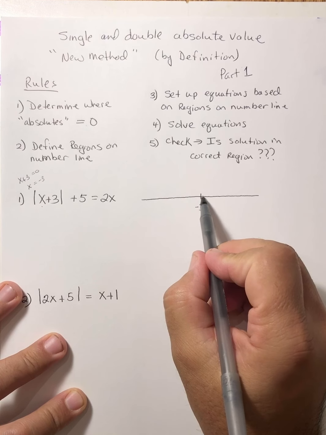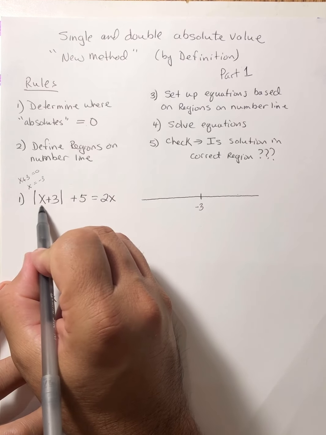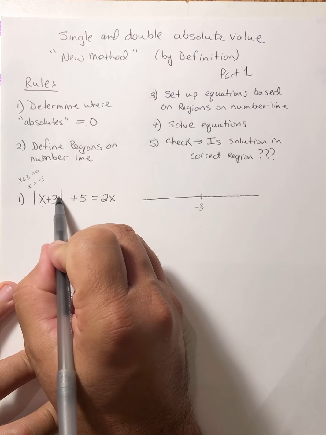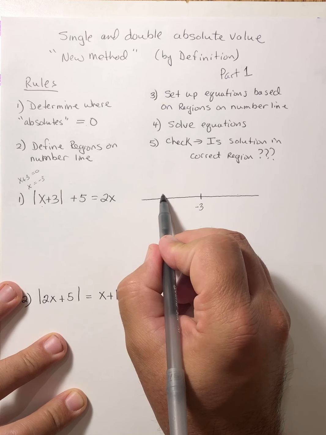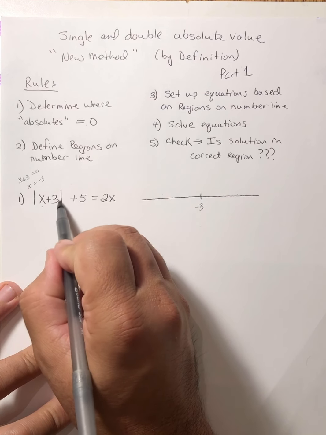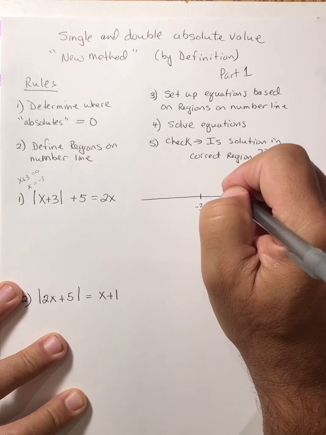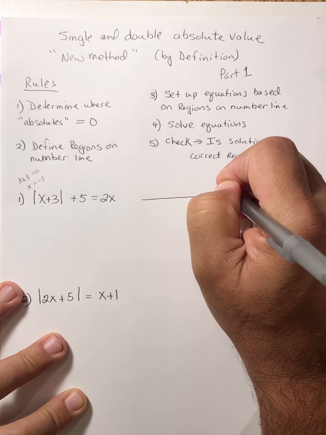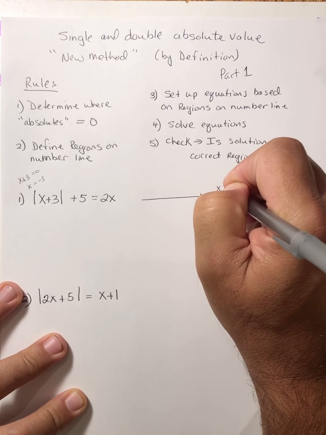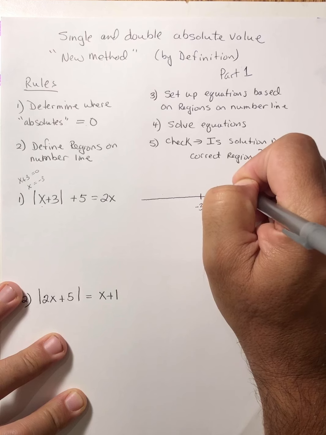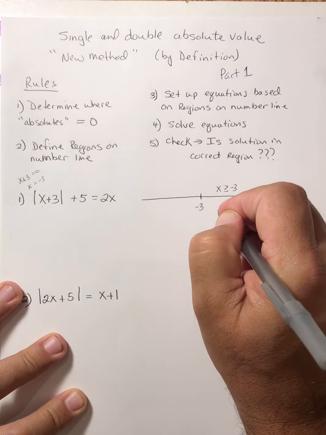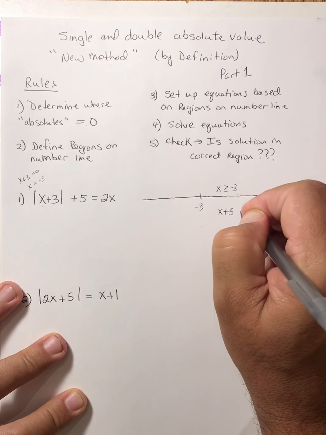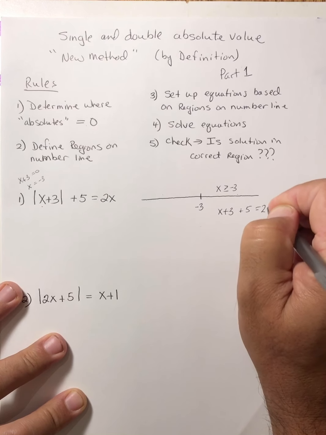Everything to the right of -3, this will become a positive result. Anything to the left of -3, this will become a negative result. So that means when x is greater than or equal to -3, everything in here is positive. So x plus 3 plus 5 equals 2x.